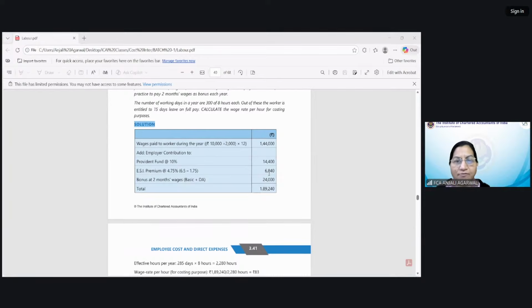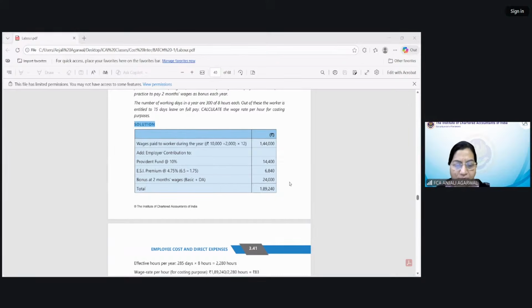And 1.75% of 144,000 comes out to be 2,520.